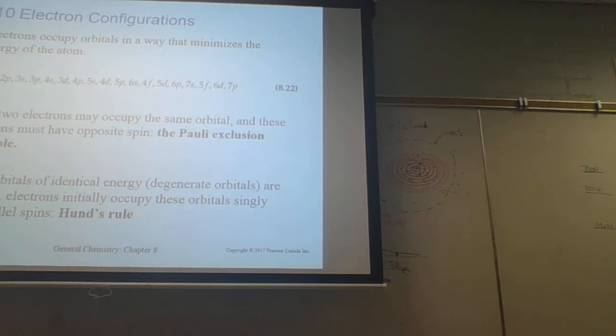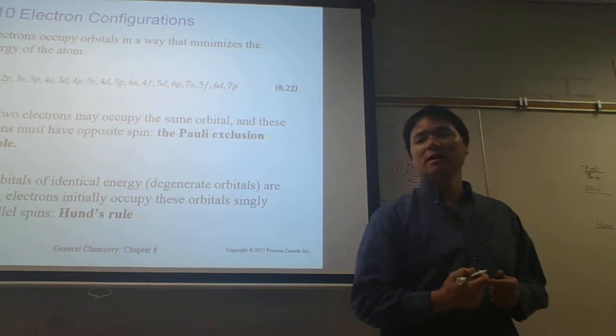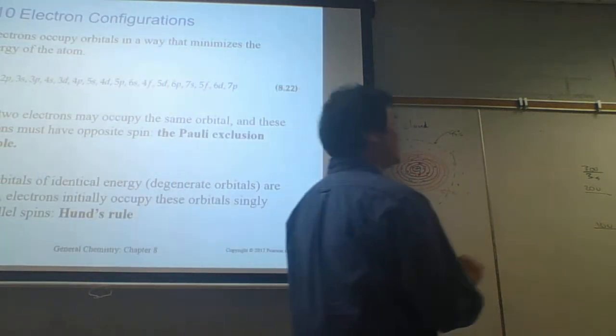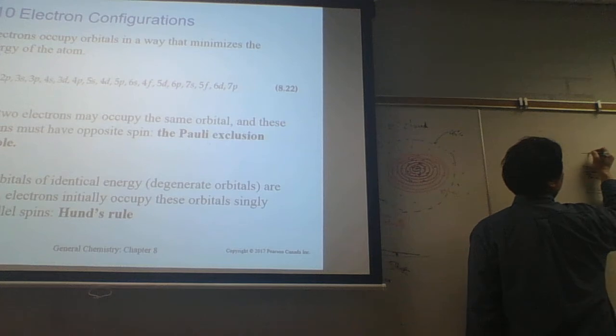The 3d orbitals are much more shielded, much less penetrating than the 3p orbitals. And s orbitals are the most penetrating, right? It turns out the 4s orbitals are more penetrating than the 3d.